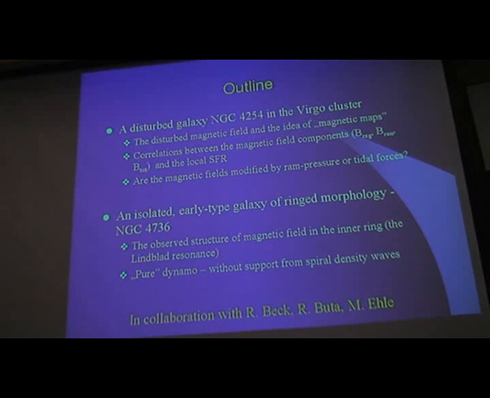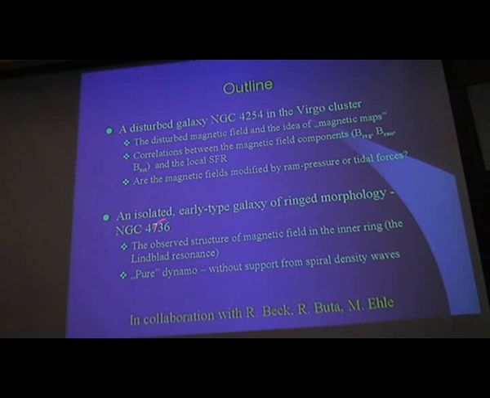I will also show you that an analysis of the magnetic field's components could be of much help in recognizing if the dynamo-generated magnetic field in this galaxy is modified by ram pressure or tidal forces.